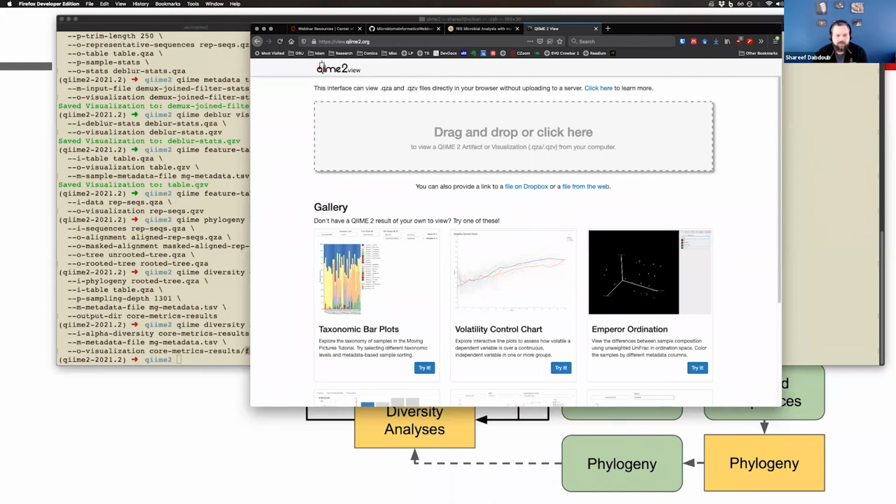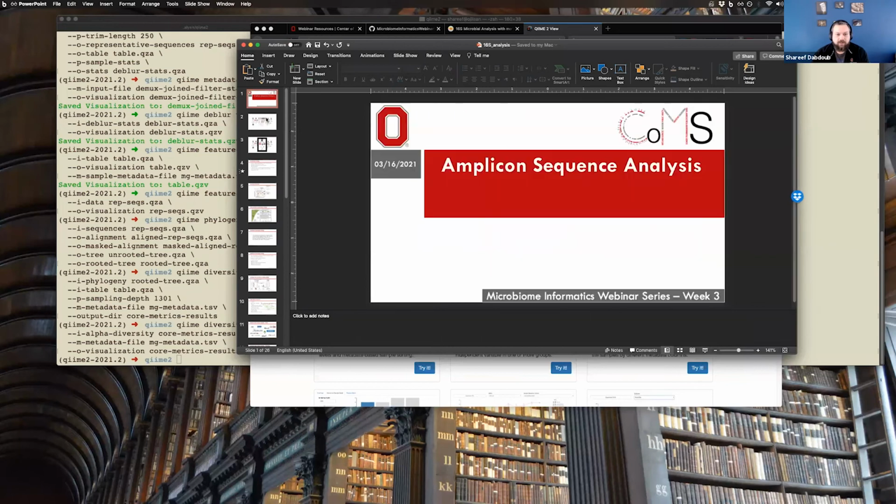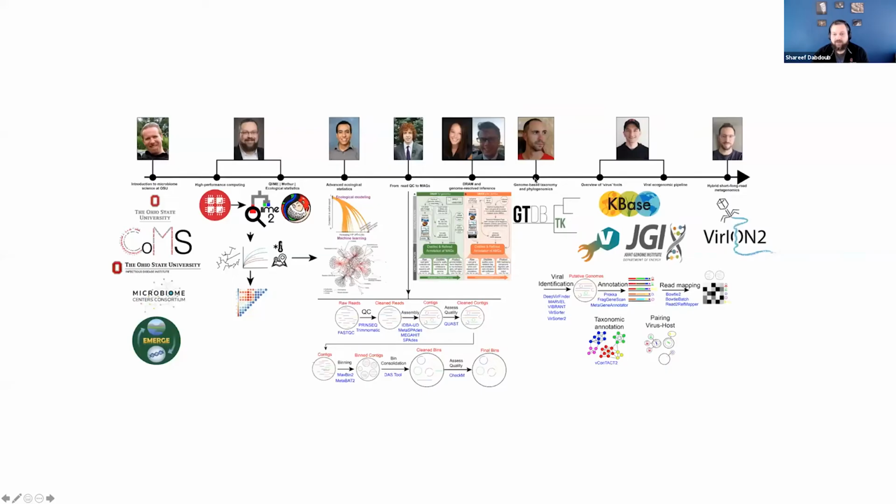I bring that up to say that, yes, this is week 3, 4, 5, 6. So week 7, we'll be talking about the genome-based taxonomy and the Genome Taxonomy Database.